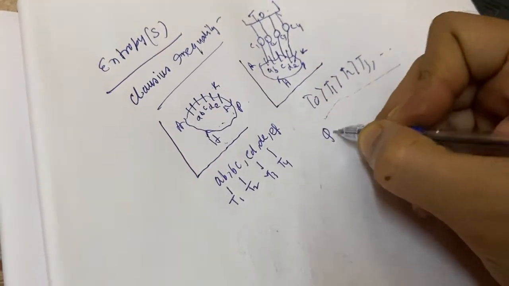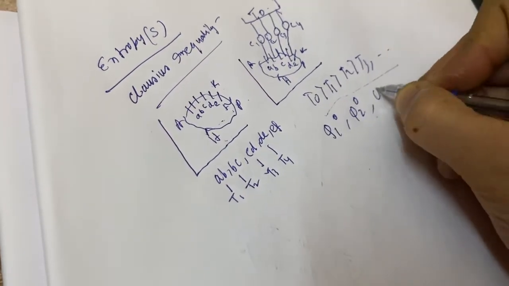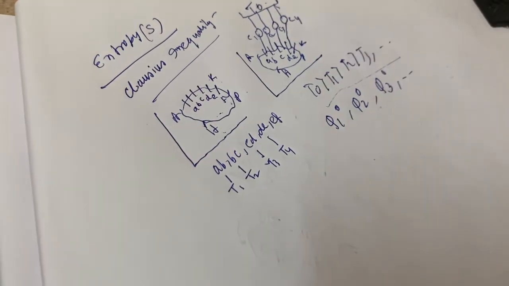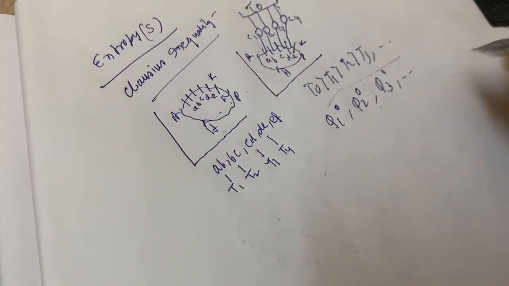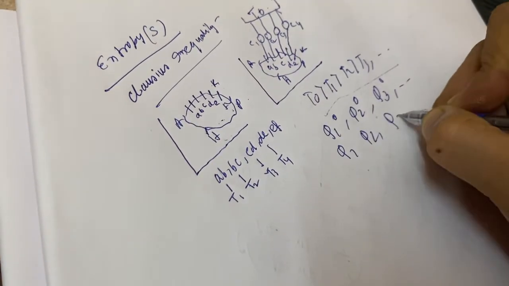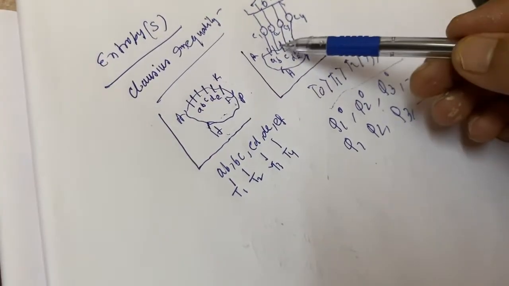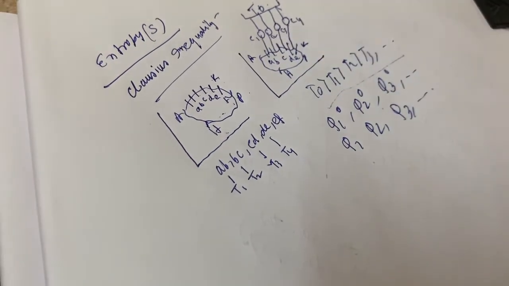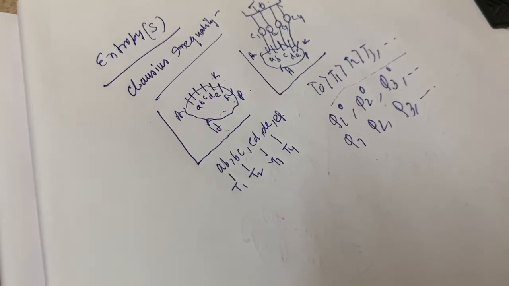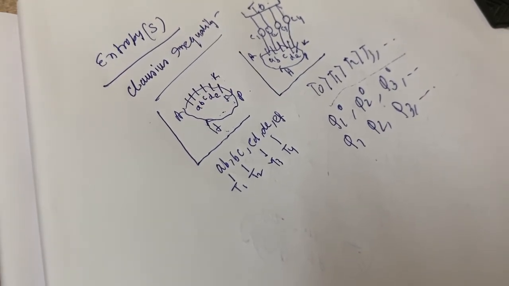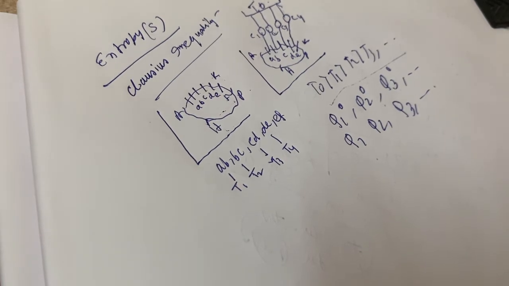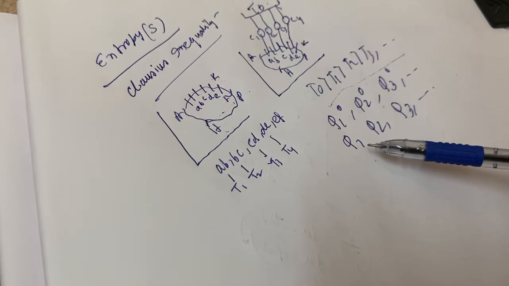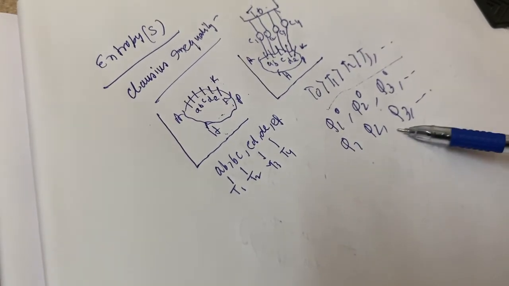Let Q10, Q20, Q30 be the heat extracted from the reservoir at T0, and Q1, Q2, Q3 the heat rejections at AB, BC, CD, DA by the Carnot engines C1, C2, C3, C4.